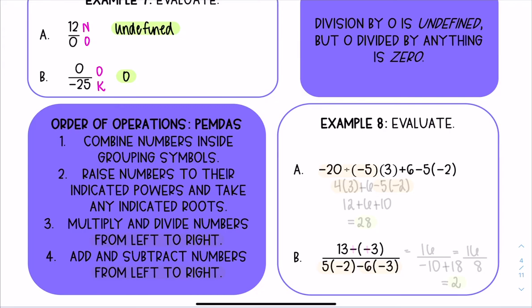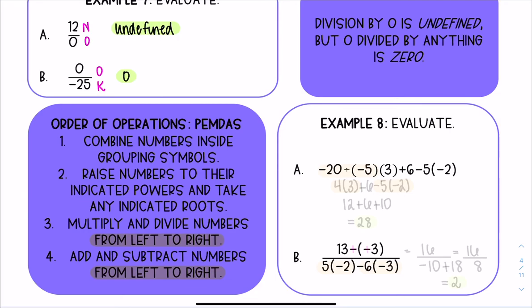This is what a lot of people forget. So multiplication and division happen on the same step, and they just go from left to right. Same thing for addition and subtraction. Same exact step, it just happens from left to right. So that doesn't mean that addition always has to go before subtraction. Subtraction could go first.